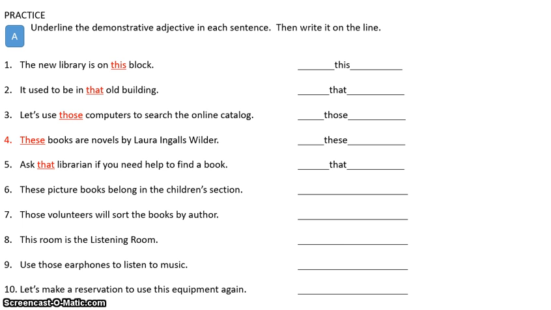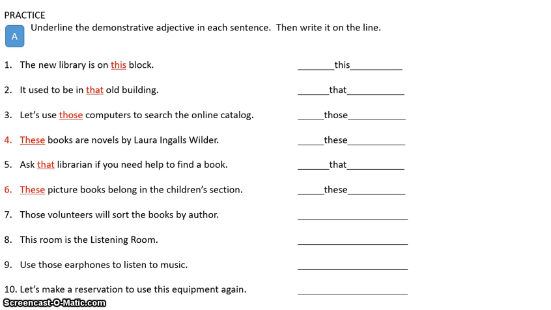Number 6. These picture books belong in the children's section. Which picture books? Picture is also an adjective. Tell me what kind of books? Picture books. Now, the demonstrative adjective is telling me which picture books? It's going to be these. Number 7. Those volunteers will sort the books by author.